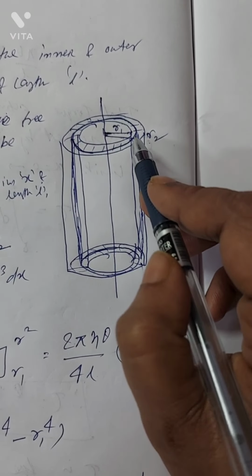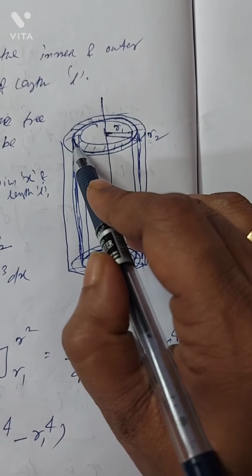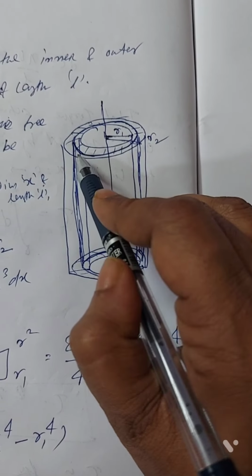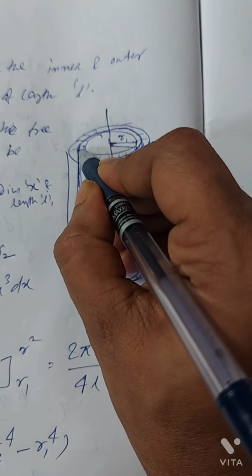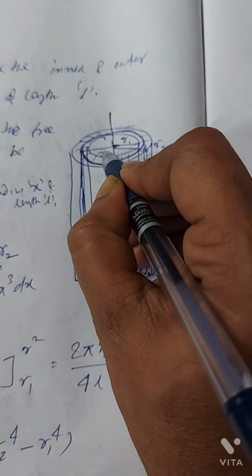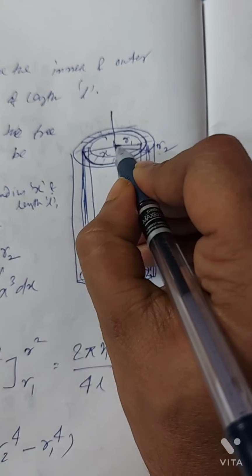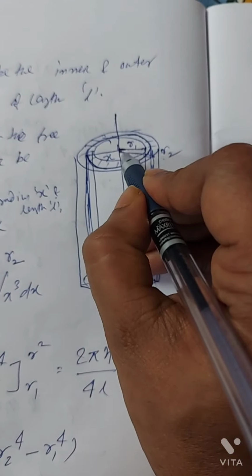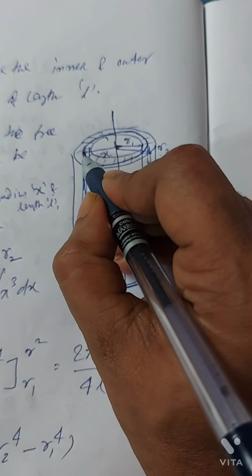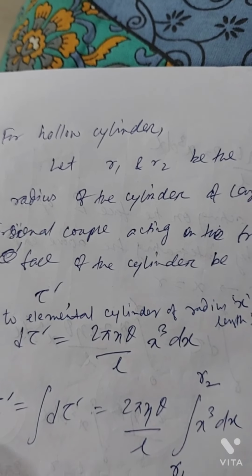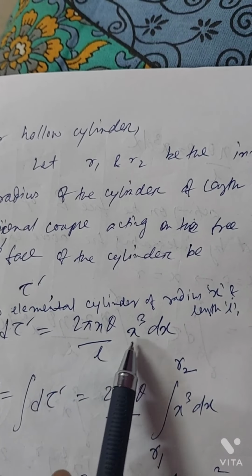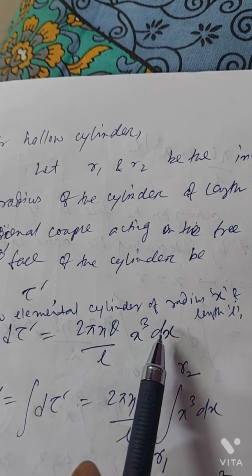For this system also, if we take an elemental thin hollow cylinder of radius x, similar to what we took for the solid cylinder, then for this elemental cylinder of radius x and length L, the d tau is given by twice pi eta theta by L x cube dx, as in the previous case.